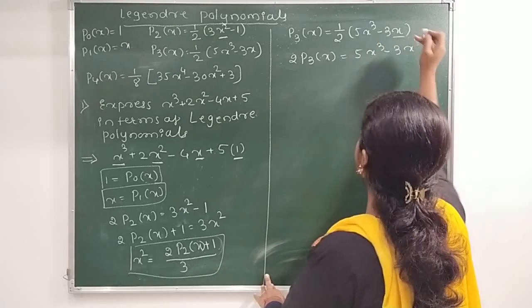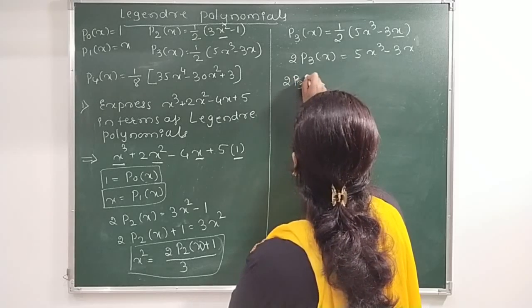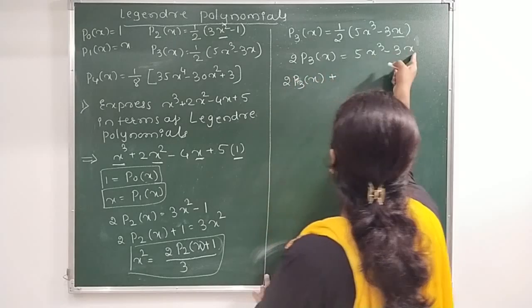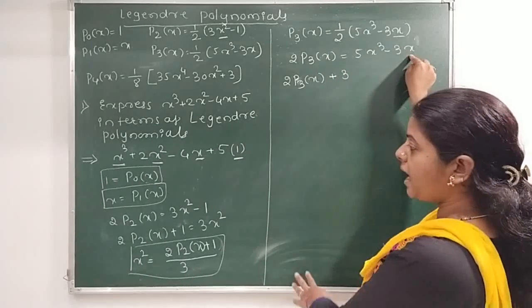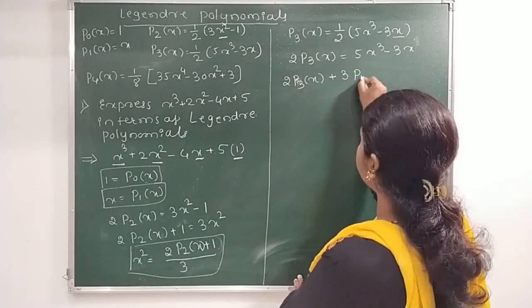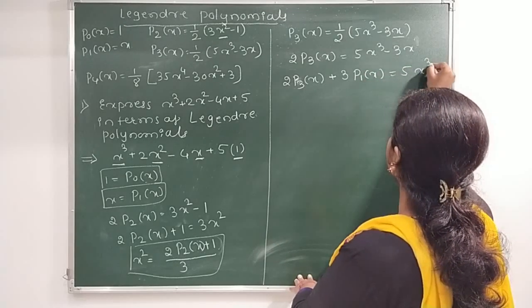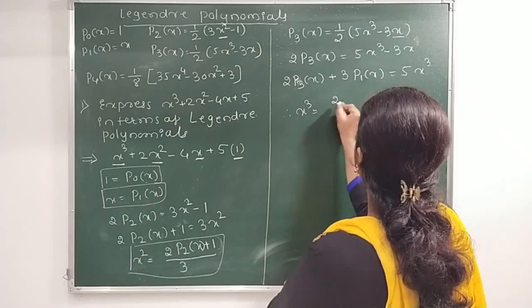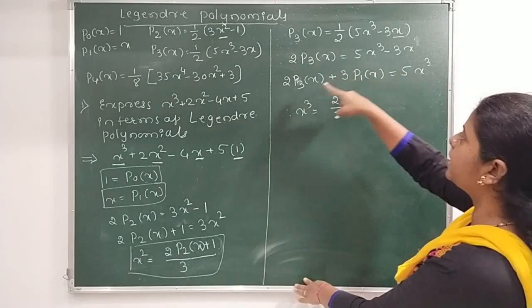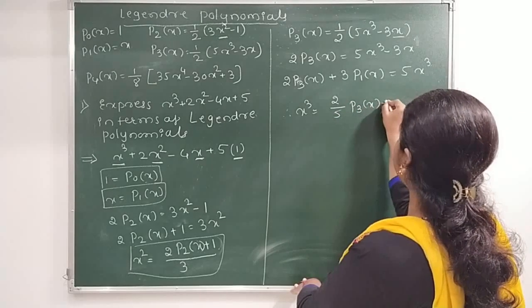Taking the minus 3x to the left side, it becomes plus 3x, which we replace as P1 of x, is equal to 5x cube. Therefore x cube is 2 by 5. This 5 we can take to the left side and it becomes P3 of x plus.